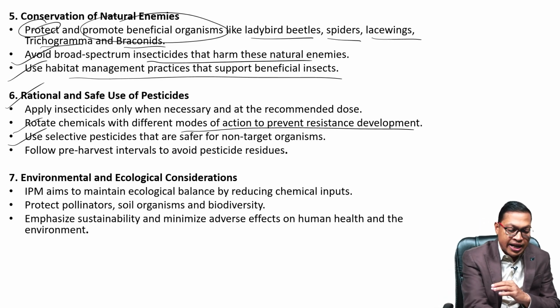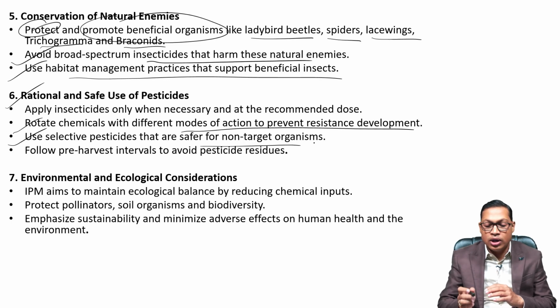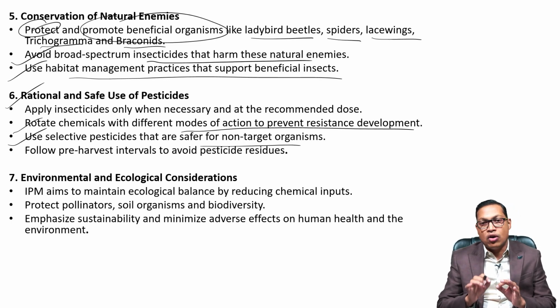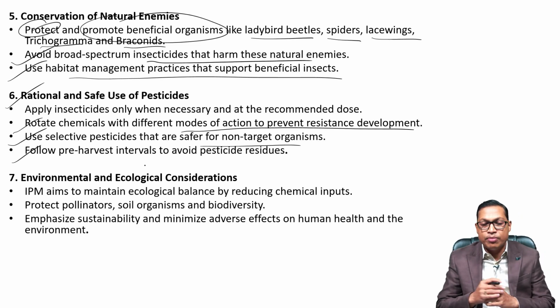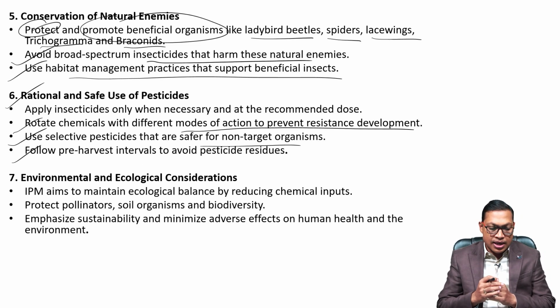Then use selective pesticides that are safer for non-target organisms. Selective pesticides will kill only the targeted species. Then follow the pre-harvest intervals to avoid pesticide residues. So, these are some rational and safe pesticide use strategies which we have to follow.